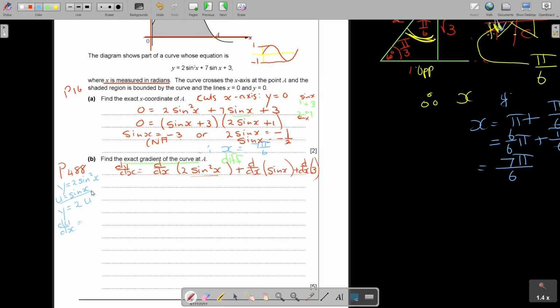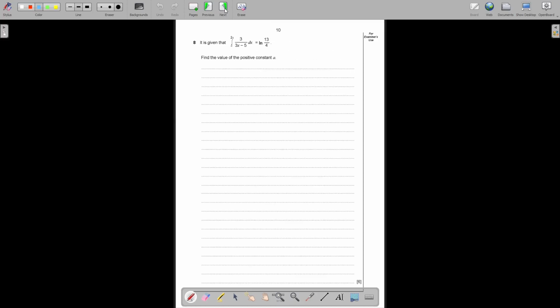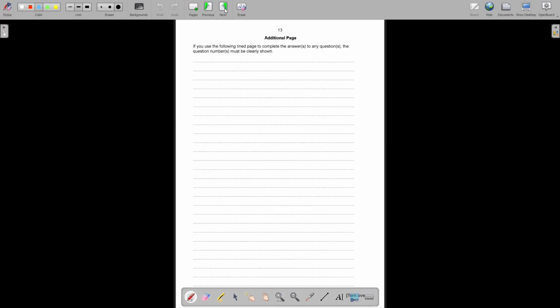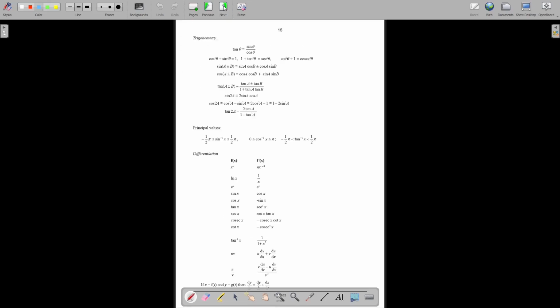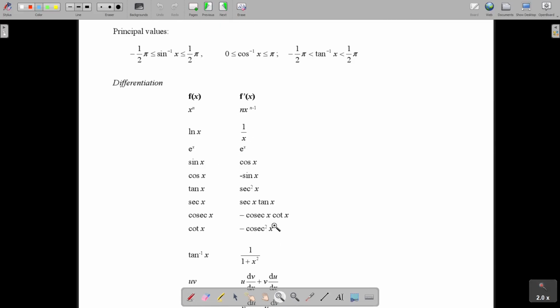Remember it's differentiation. Say to yourself, differentiation. I can take you to this formula sheet. So look for differentiation. Oh, there's differentiation. Let's just make it bigger.